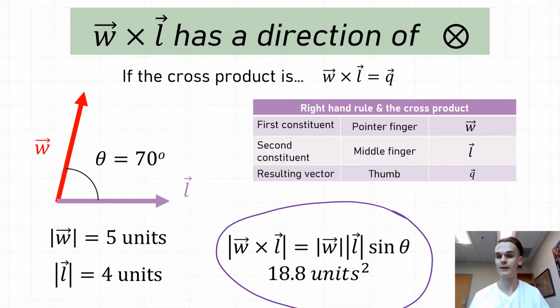And at this point, we've fully defined our cross product. The cross product of vector W crossed with vector L has a magnitude of 18.8 units squared, and it has a direction of into the board.